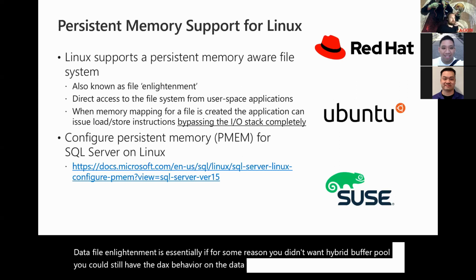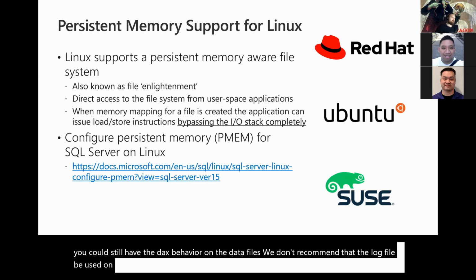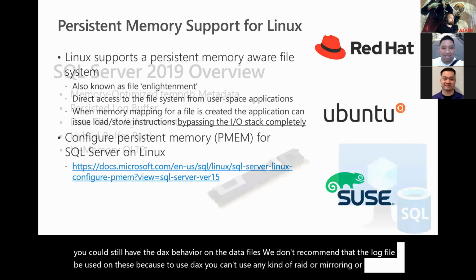We don't recommend that the log file be used on these, because to use DAX, you can't use any kind of RAID or mirroring or striping or anything like that.